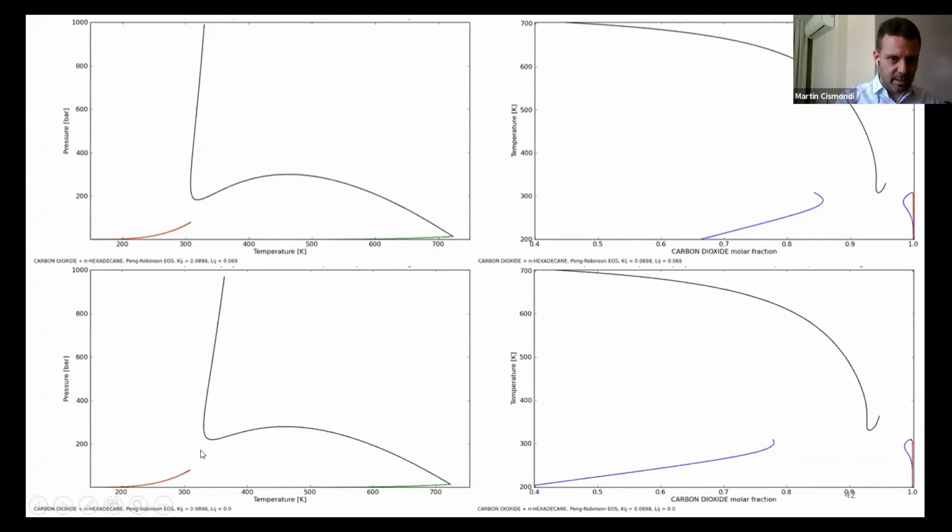Of course, there is a change, but it's not that important. But what changes more is the composition extension of the three-phase line. You see that the blue lines are closer above here. These are the predictions we can find in the paper. And this is more open here.